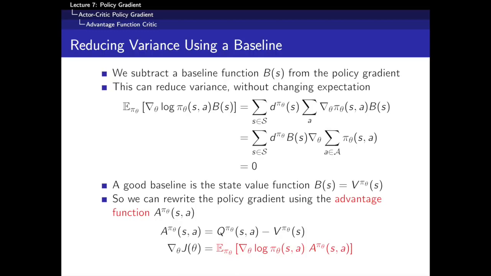This is a probability distribution, so it must sum to 1. So now we have the gradient of 1. The gradient of a constant is always 0, and so this whole term is actually 0. This whole term that we're adding or subtracting is zero mean. It's got zero expectation. So it's completely legitimate to add or subtract any term of this form.